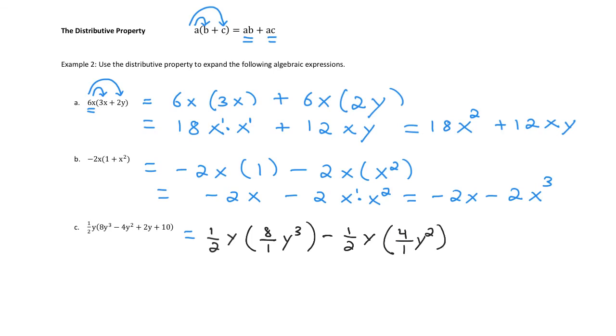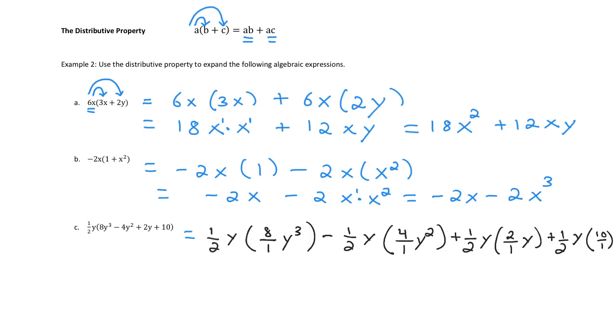Then it'll be plus 1/2 y times 2 over 1 y. And then lastly we have plus, again, 1/2 y. And then this is just a number. I'll write 10 over 1. So again, just distributing the 1/2 y to every single term in the parentheses, even though there's 4.